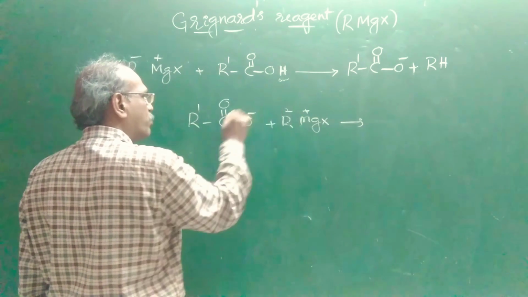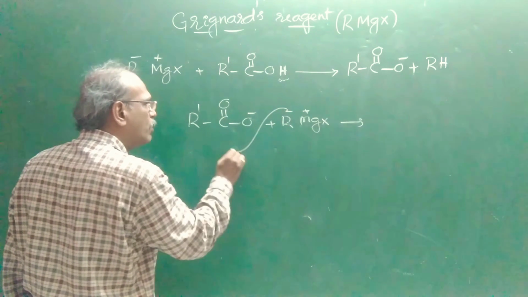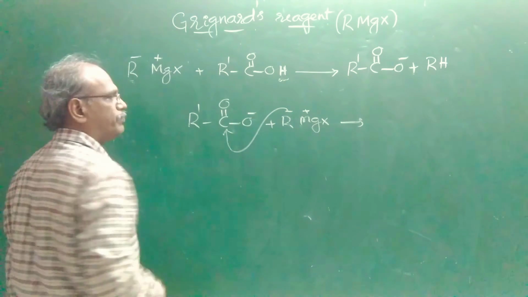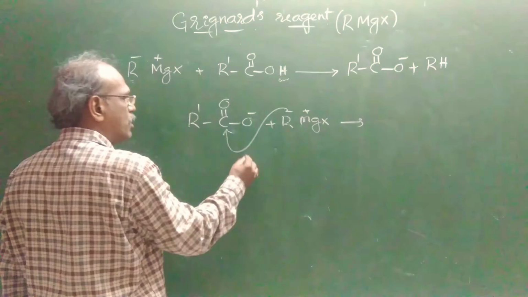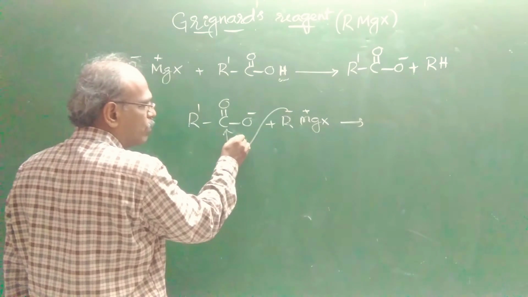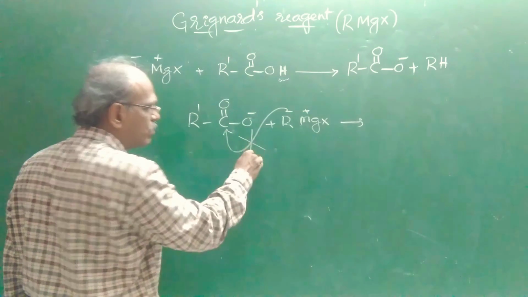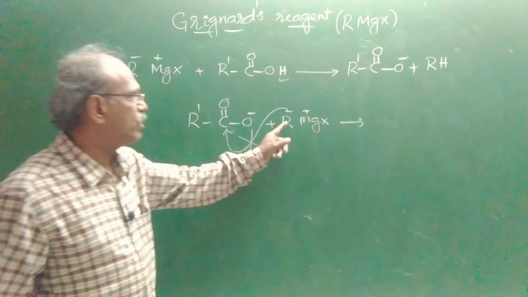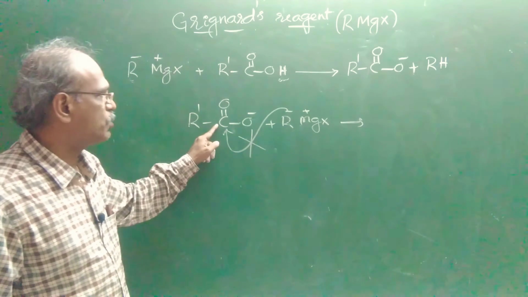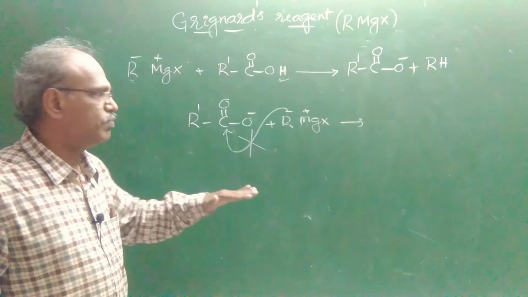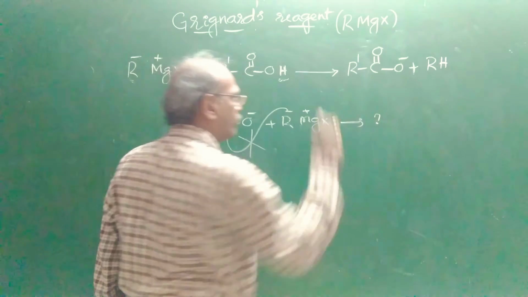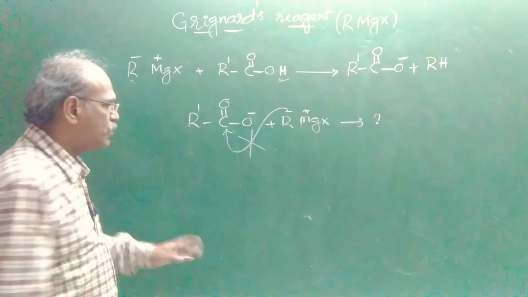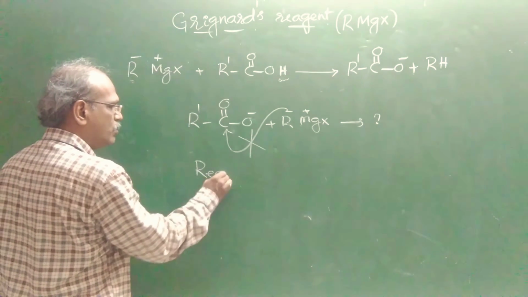Students generally expect that because of C double bond O, it attacks here. But in the case of Grignard's reagent, this is not possible. This attacking of Grignard's reagent on the carboxylate ion is not possible. Why? That's the question. See the reason. See this.